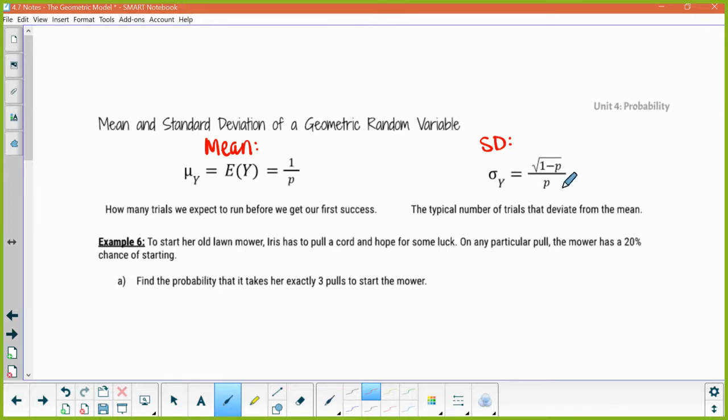More than likely, they'll ask you for the mean. Rarely do they ask for standard deviation, but both of these formulas are given to you, so you can use them. Just to be quick, the mean is asking how many trials we expect to run before we get our first success. Standard deviation is just how much it typically varies or deviates from the mean.